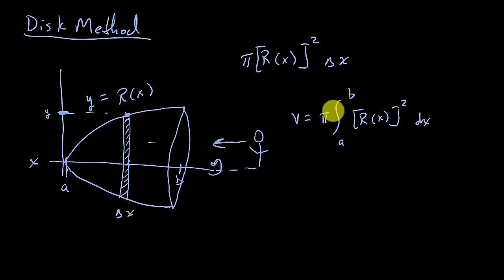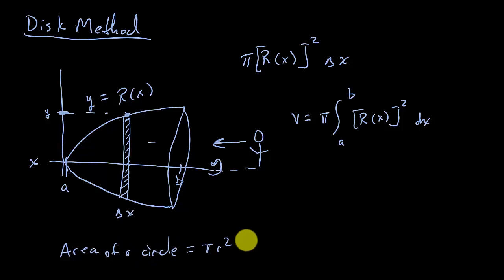That's all it is. It's pi r squared times the thickness. See, because the area of a circle is pi r squared.